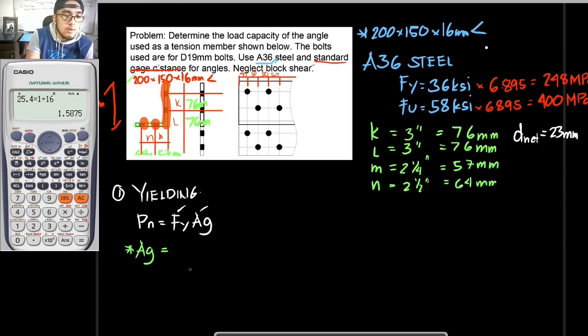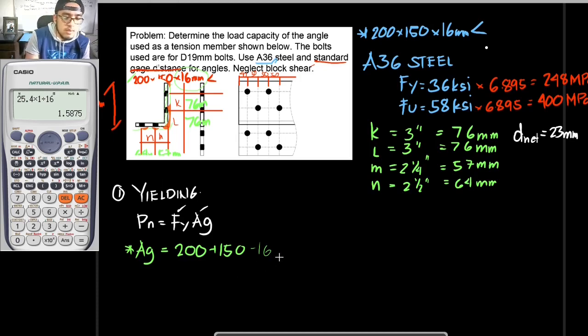So I would be adding 200, plus 150 minus 16. Kanya-kanyang diskarte kung paano nyo makuha yung area ng angle na to.